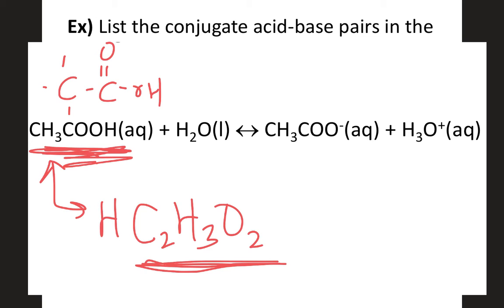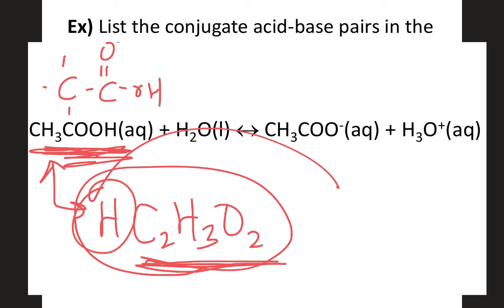So if it helps, underneath it, you can always write it out like this, because we will talk about double replacement reactions later on, where we're talking about the hydrogen ion being acidified. It's this hydrogen that is donated, and that's why it's called a carboxylic acid, a proton donor. So these are the same thing. I just wanted to explain that because you're going to see it a lot in these notes.